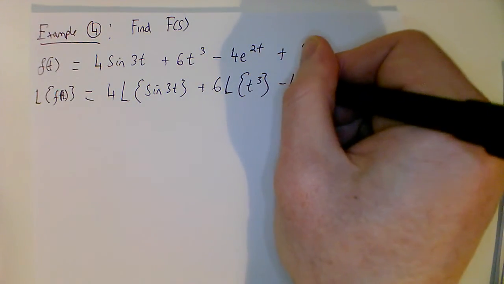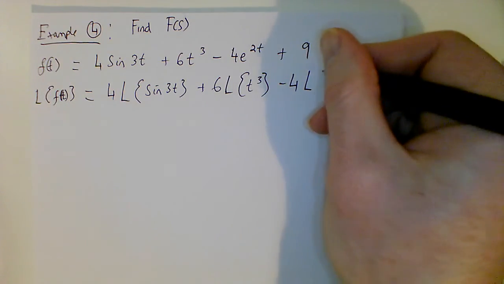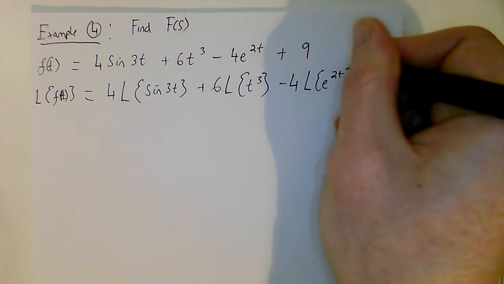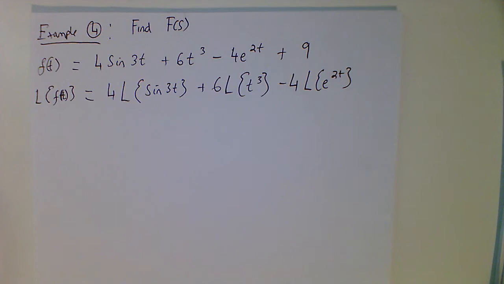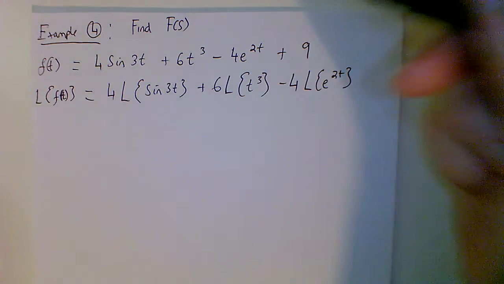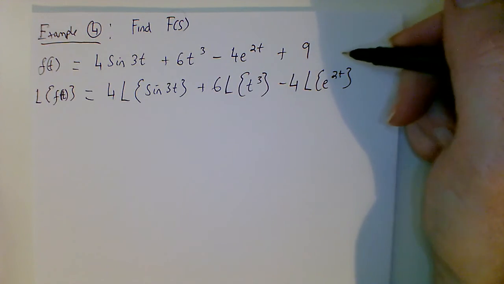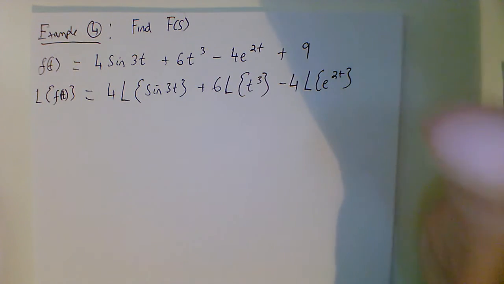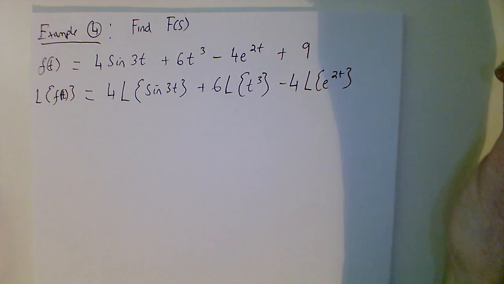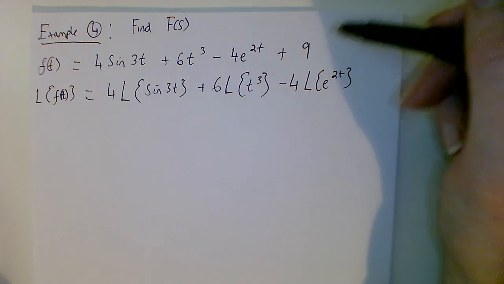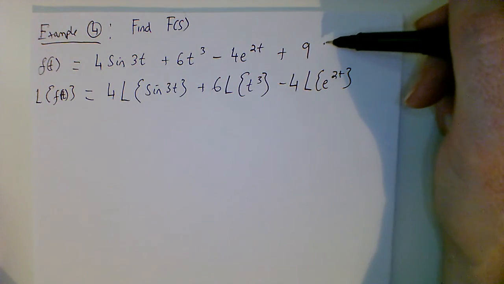Take away 4 times the Laplace transform of e to the power of negative 2t. But the one thing we've got to watch is that 9 is a constant. It's not got a variable in it, so we have to consider that as a function.